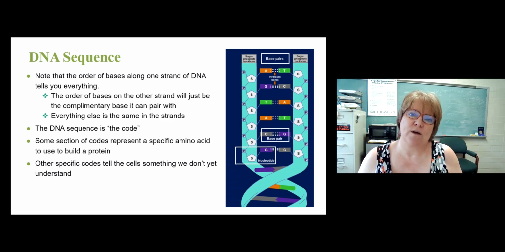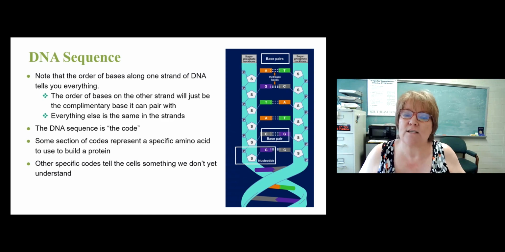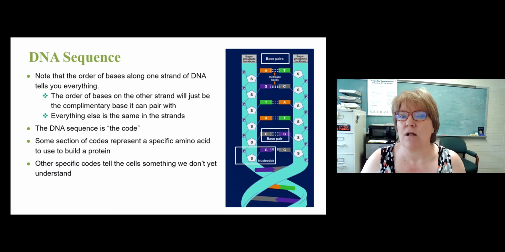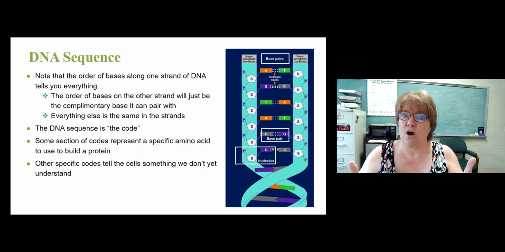So when we want to identify one sequence of DNA, one gene or loci or STR, compared to another, what we can do is list off the sequence of these bases. And that's what we call the code or the DNA sequence. Some of these sections, as we said, are recipes for building proteins. Other sections we don't understand, but it is clearly telling the cells something important.